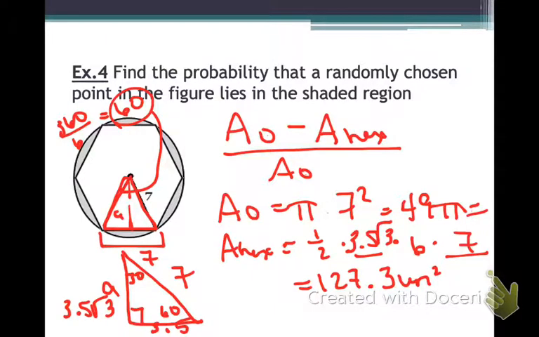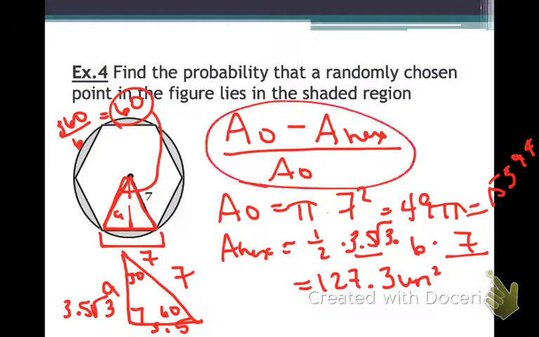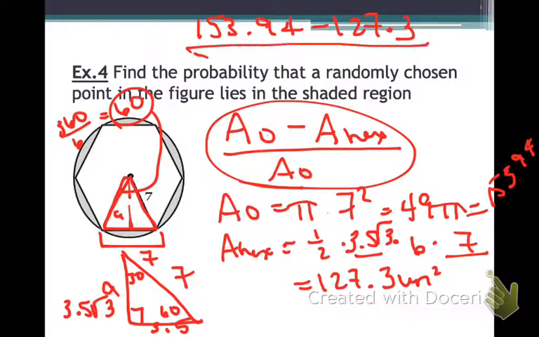It's about 153.94. So now I'm going to substitute into this. So we have 153.94 minus the 127.3 over the whole thing, which is a circle, so the 153.94.